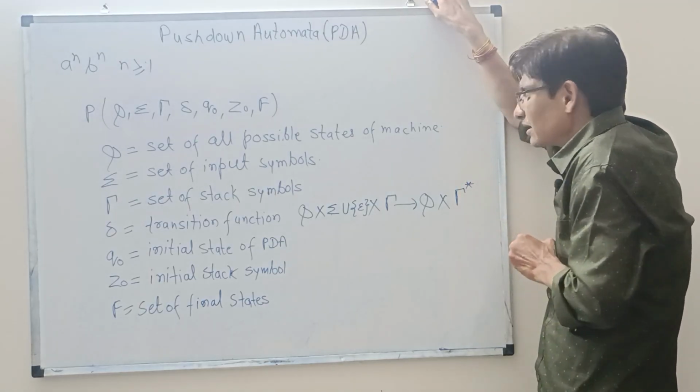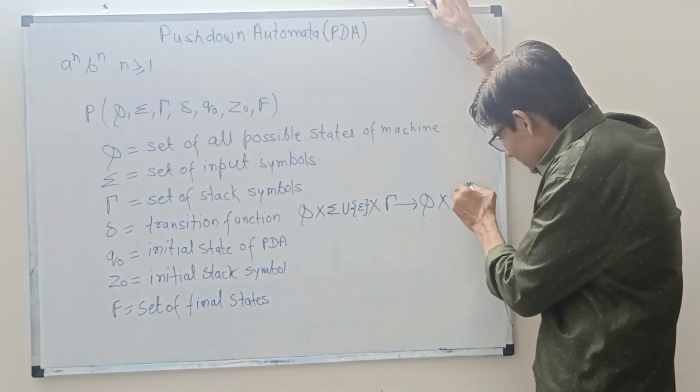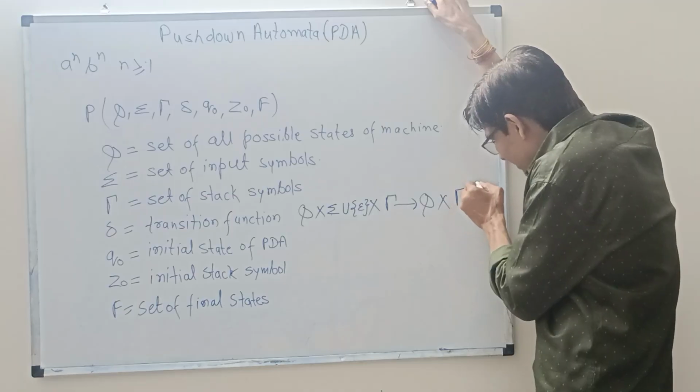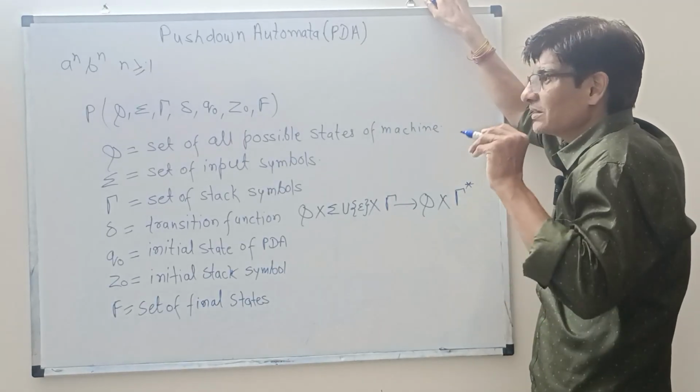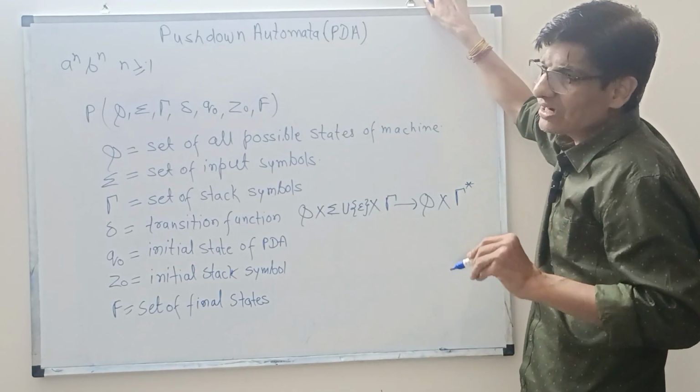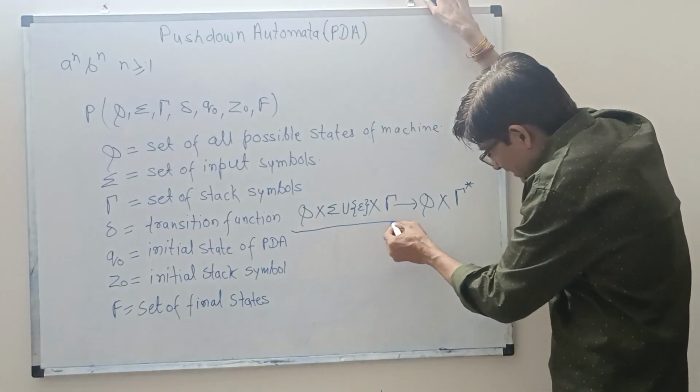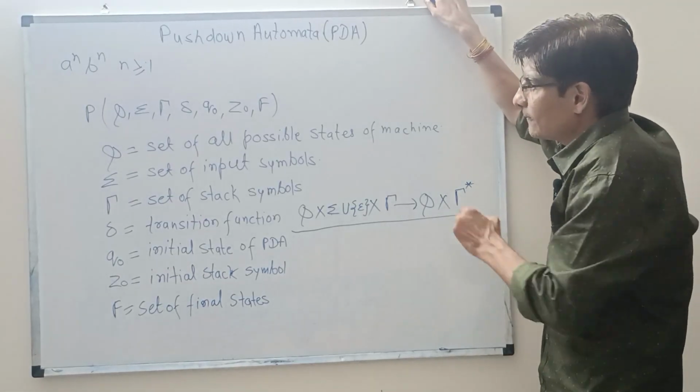Now as it is a Kleene closure, this may be epsilon also. If this gamma star is epsilon, it means we are popping one element from the stack. So this is the complete transition function of a PDA.